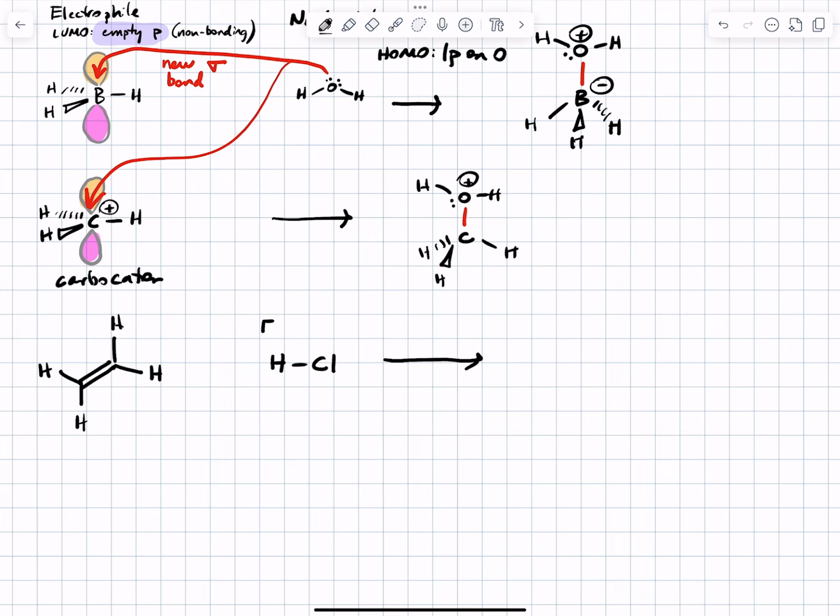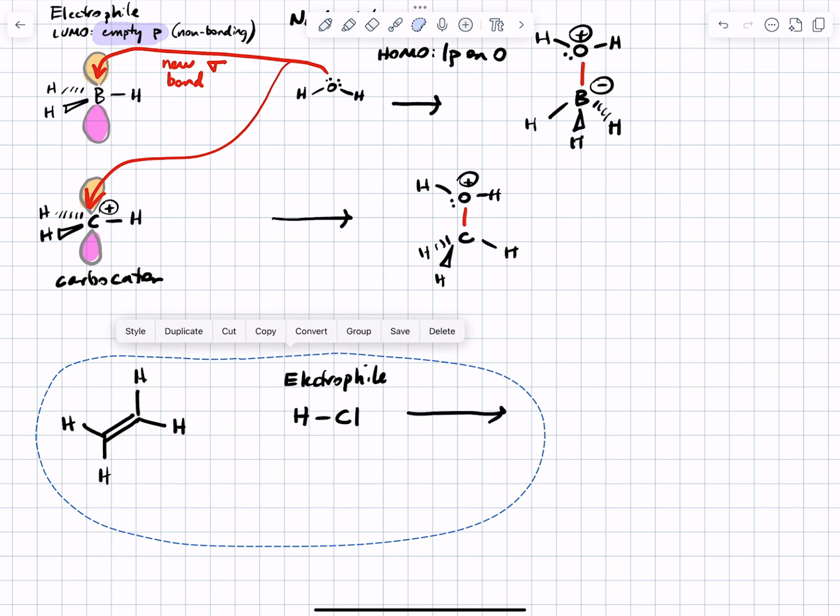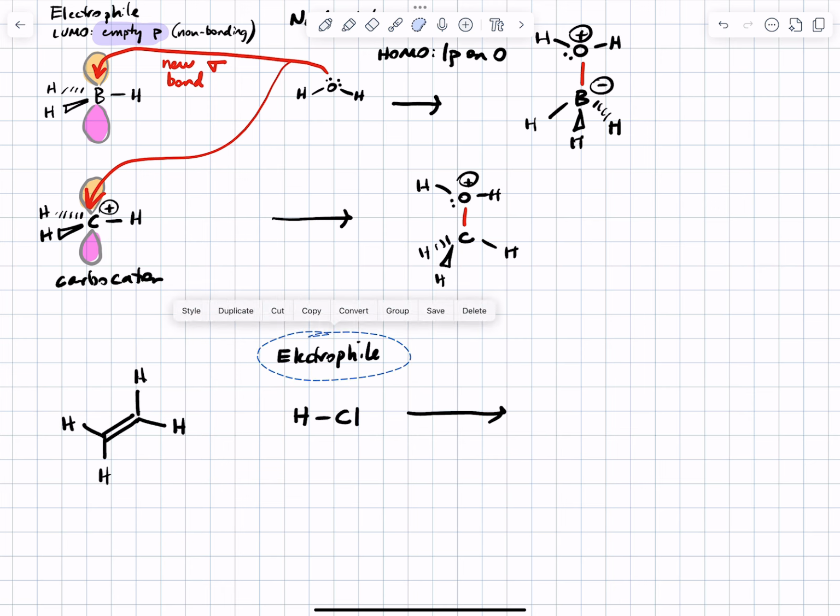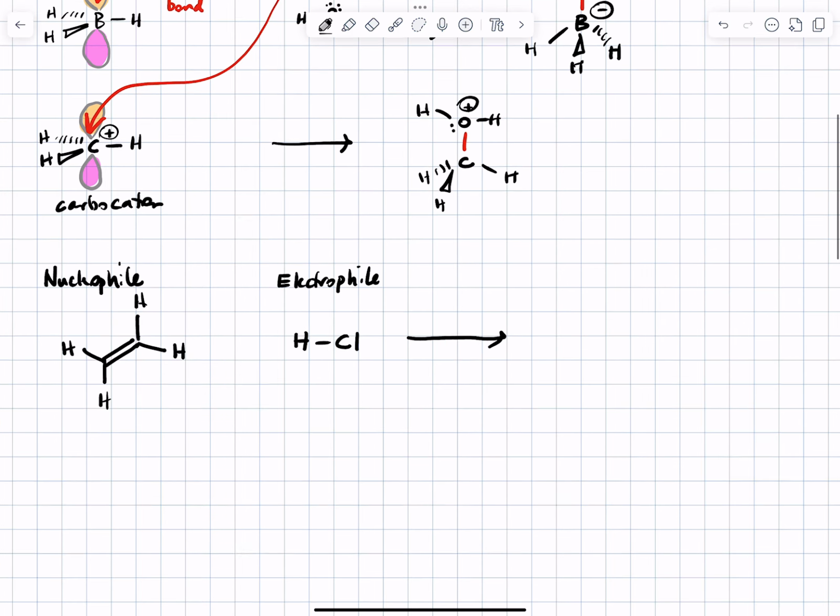I will tell you that HCl is the electrophile. If something actually has the name acid in its name, it might be the electrophile. That's one hint. And then this molecule is the nucleophile. It's called an alkene because it has a carbon-carbon pi bond.